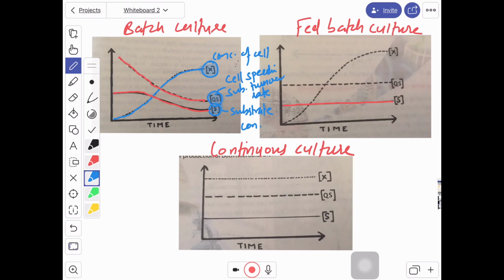Concentration of cells is initially very low, then gradually increases. QS is also steady. But in continuous culture, you can see all three remain constant: substrate concentration, cell specific turnover rate, and cell concentration.